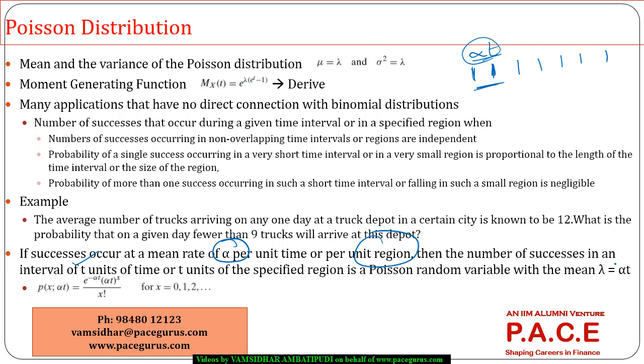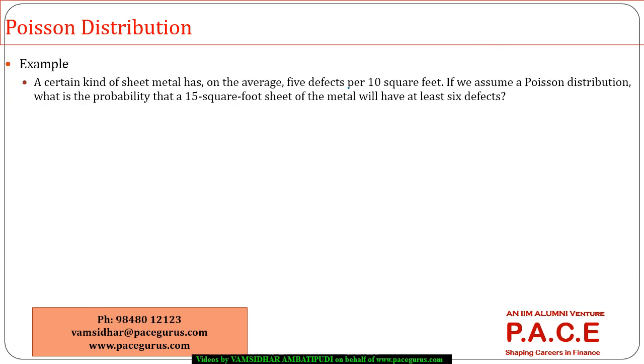I can very well say that the mean success rate would be lambda equal to alpha t. So even for the probability computation, I can take the new lambda as alpha t and go ahead in terms of solving the numericals as well.